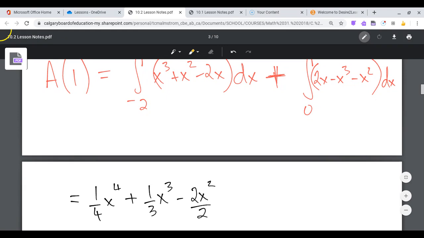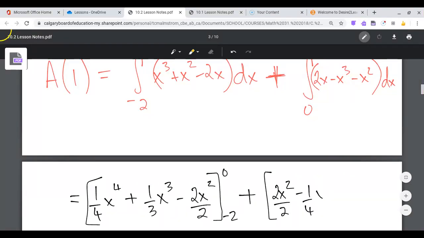That's the first region, and that one gets evaluated from -2 to 0. And then let's do the second region. So the antiderivative of 2x is 2x squared on 2 minus 1/4 x to the 4th minus 1/3 x cubed, and this one's being evaluated from 0 to 1.